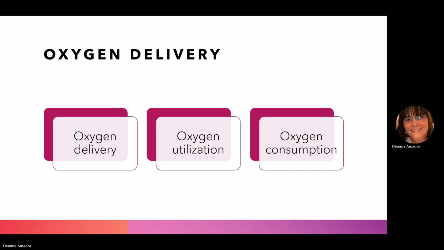So SvO2 or oxygen consumption is the most accurate representation of systemic oxygenation. If my SvO2 was low, then I would know that my body was utilizing or having to utilize way too much oxygen.